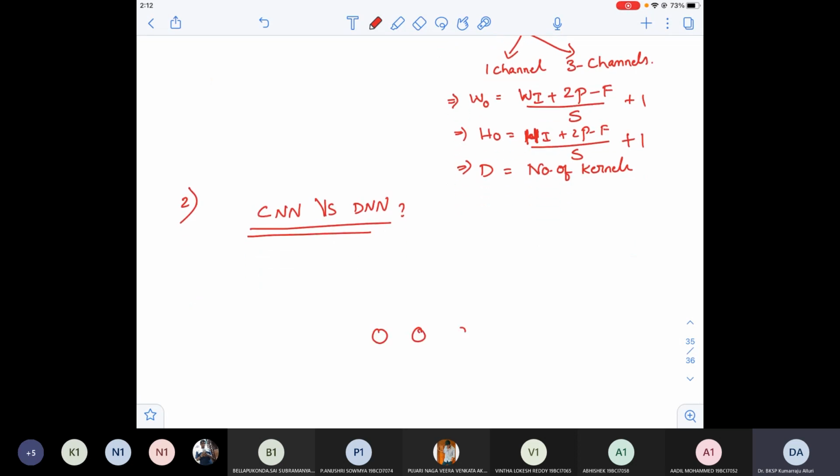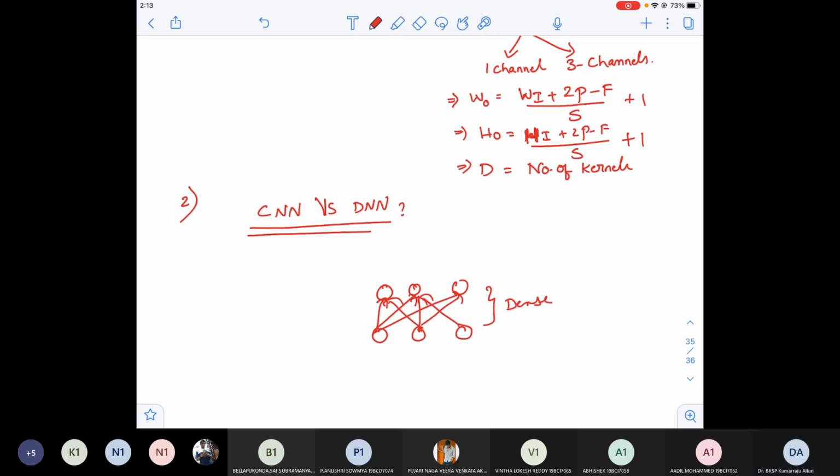If I have some hidden layer neurons here, each neuron has to get connected with every other neuron. That means your connections will be so dense. What is the problem with the dense connections? More freedom is there, more weights. When you have more weights, you have more freedom. When you have more freedom, you can exactly fit any training point.